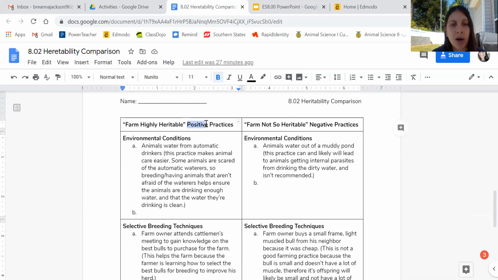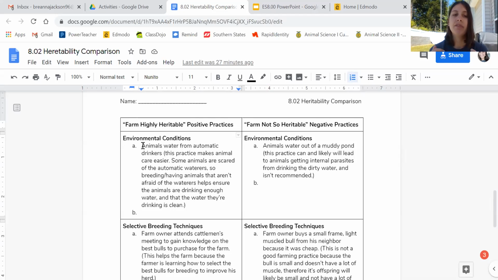A positive practice for environmental conditions is that you give your animals automatic waterers, because this makes animal care easier. For one, you don't have to consistently come out and fill up their waters. And some animals are scared of automatic waters, so having or breeding those animals isn't really going to help your farm.